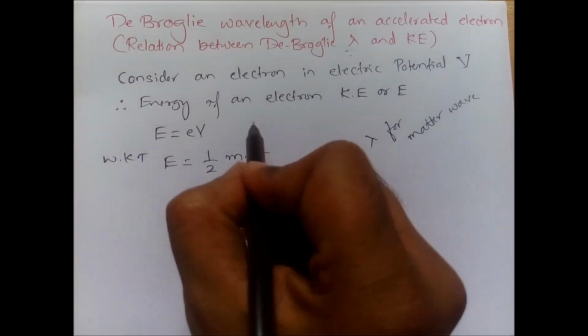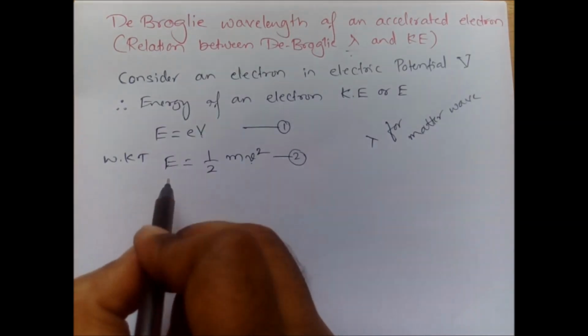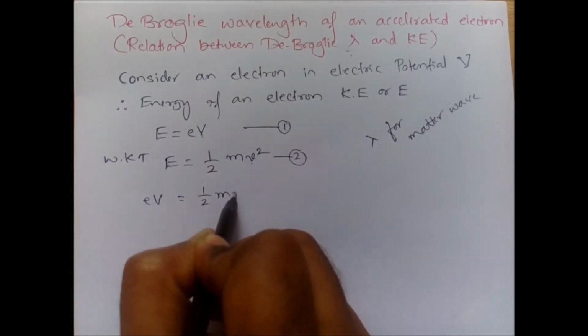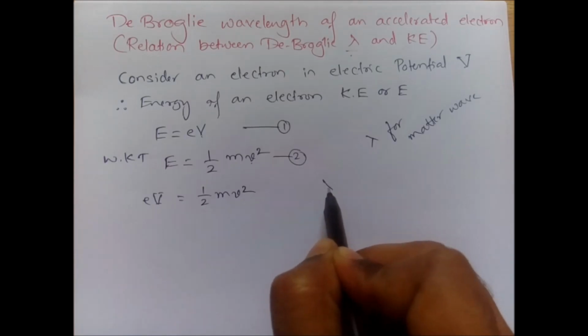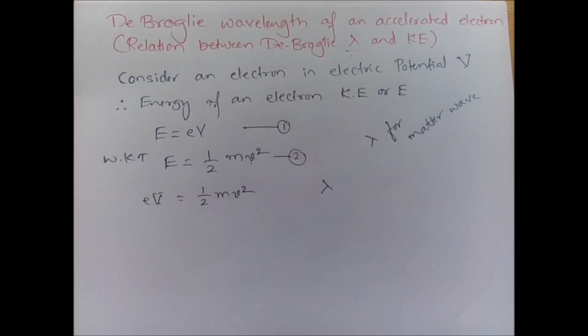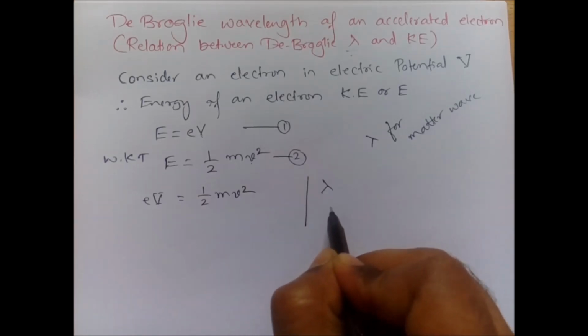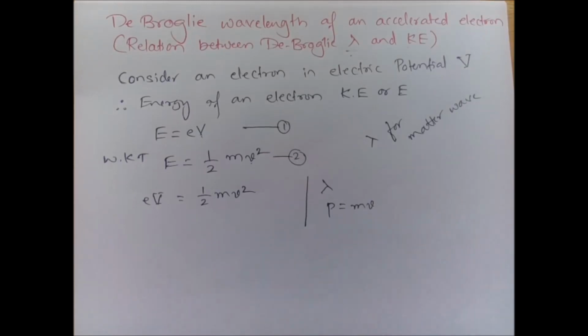So now let us equate. Let us say this is equation number 1 and this is equation number 2, and this will be eV is equal to half mv square. What we want is the relation with this lambda. Where is the lambda term in this equation? There is no lambda term in that equation, but we know that p, that is momentum, is equal to mass into velocity.